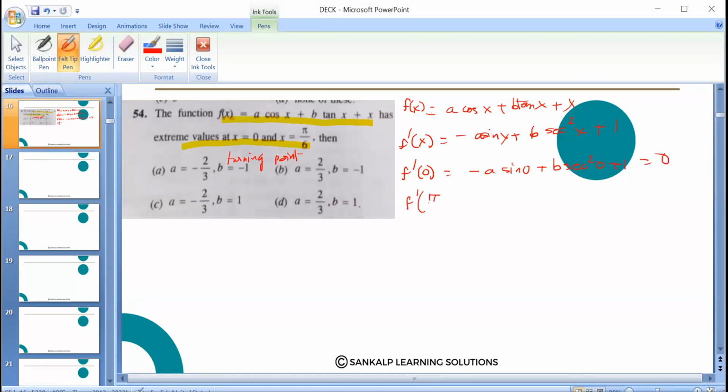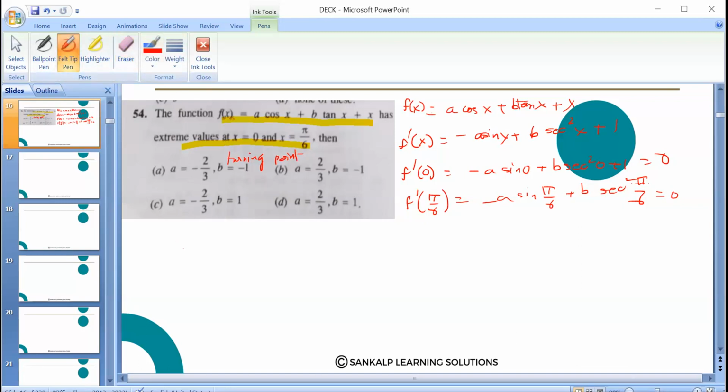And if you put the turning point pi by 6, minus a sine pi by 6 plus b secant square pi by 6 also should be 0.